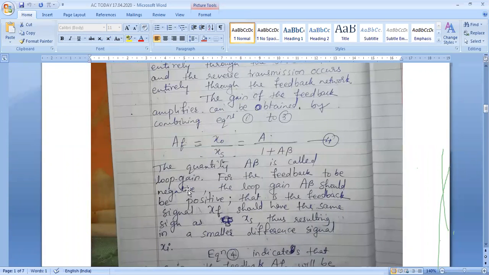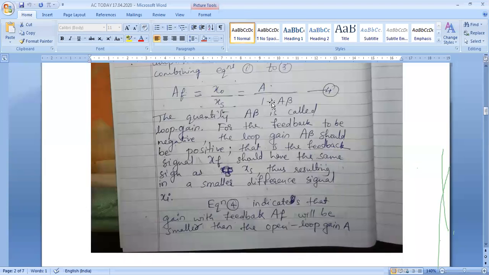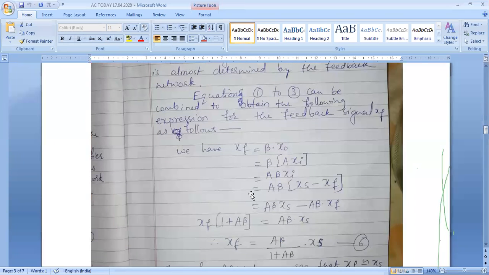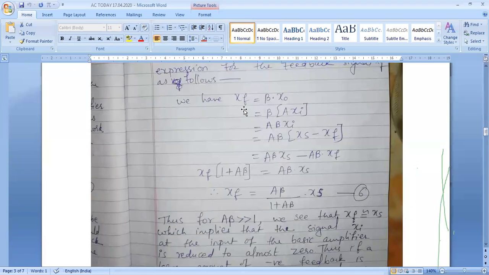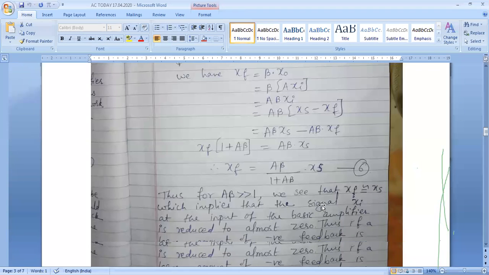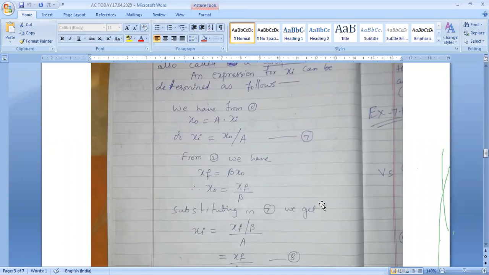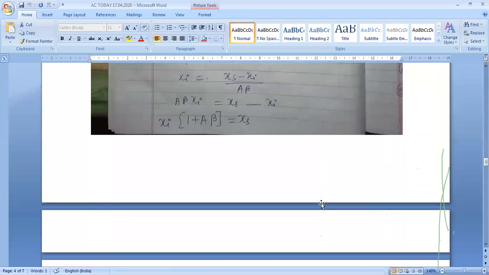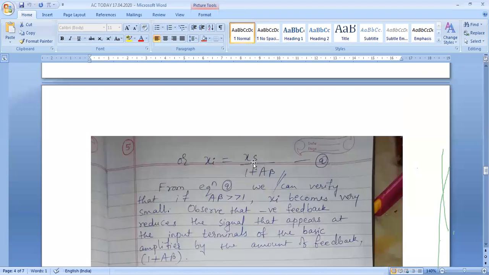The gain with feedback, which we derived as A divided by 1 plus A beta; the feedback signal, A beta divided by 1 plus A beta into Xs; and the difference signal, 1 divided by 1 plus A beta times Xs. These 3 equations you have to remember. If you don't have any doubts, then I will take attendance, okay?